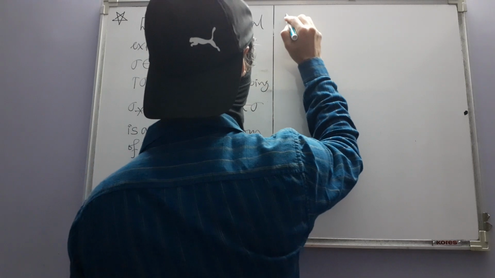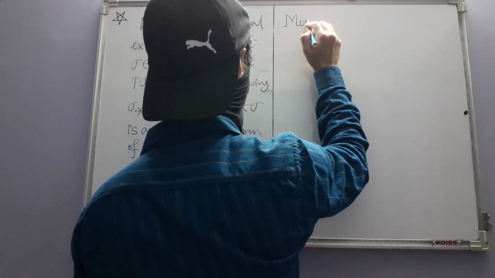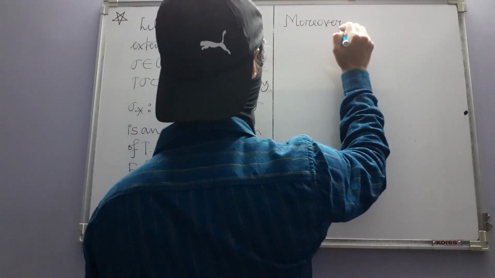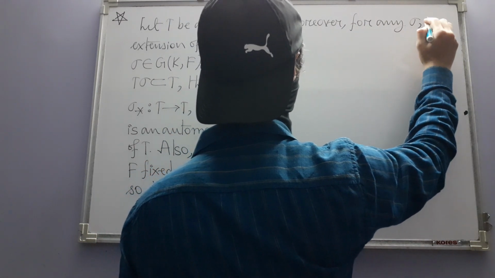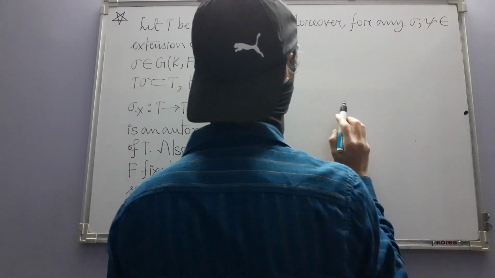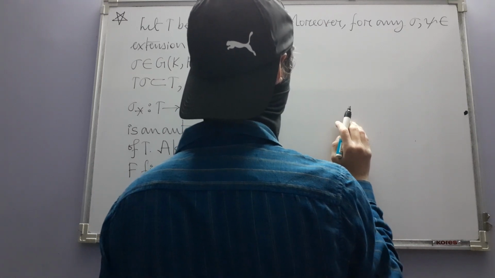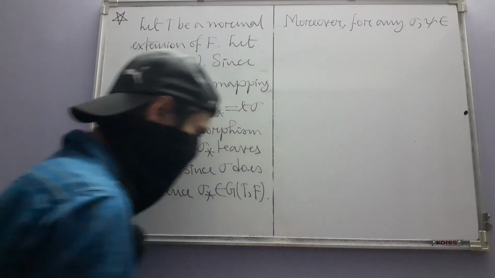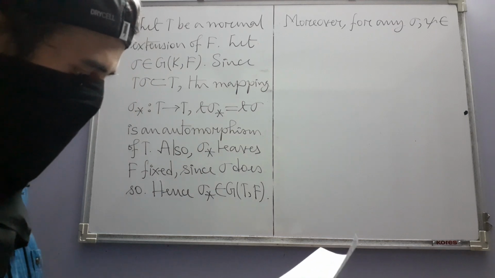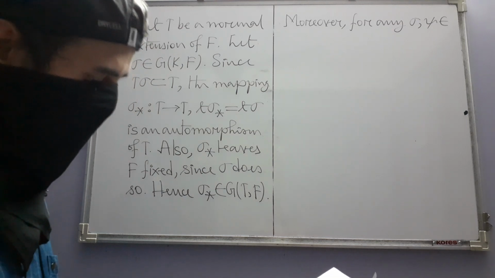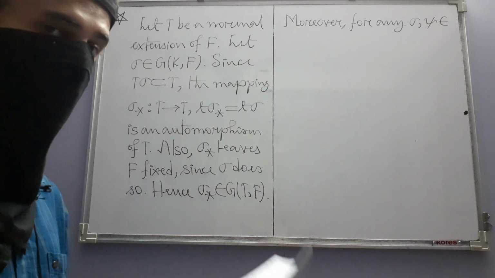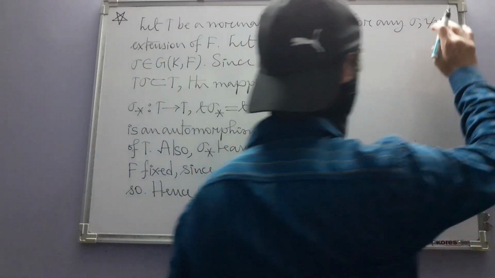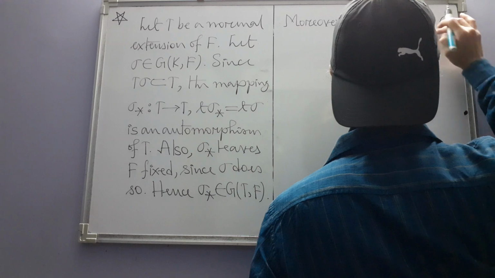Moreover, for any sigma and psi belonging to the Galois group, the author has called this mapping psi. However, we already have a psi, no? Our original one-to-one correspondence. So let me just give it some other name.